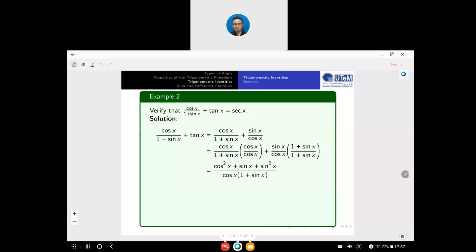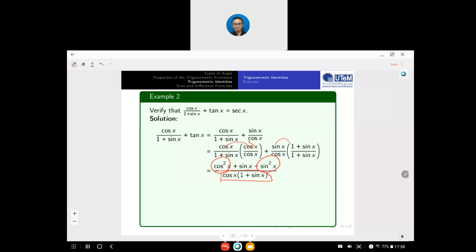Okay, so this one cos square x. This one you get sin x plus sin square x. And then at the bottom it will become the product: cos x times by 1 plus sin x. So if you look here, this one, cos square x plus sin square x, we have the Pythagorean identity.